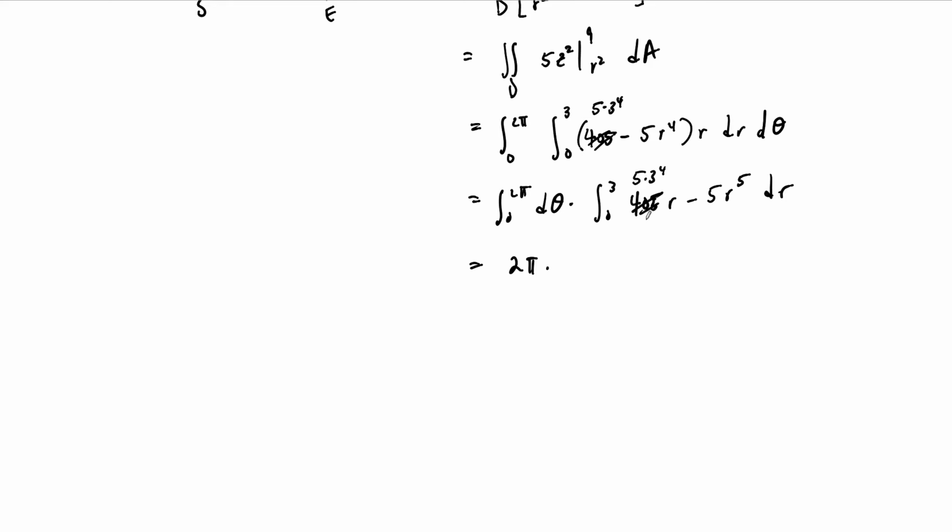So this one's going to be 1/2 times 5 times 3 to the 4th times r squared, with r evaluated from 0 to 3. Minus, then we have here, 1/6 times 5 times r to the 6th from 0 to 3.